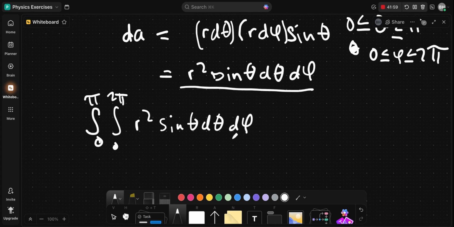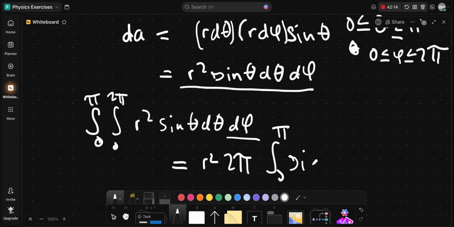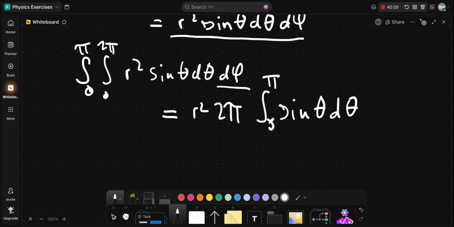So now having established this, let's do this integral to finish this video. R squared comes out. The phi integral is remarkably simple. It just gives you 2 pi. And I'm left with an integral from 0 to pi of sine theta. I'll just do this quickly. This should give you a factor of 2. Usually the way it's done is by a variable transformation.